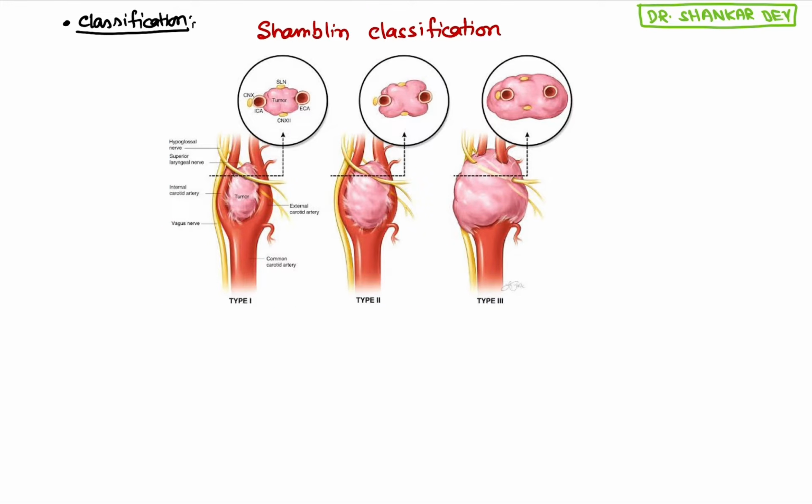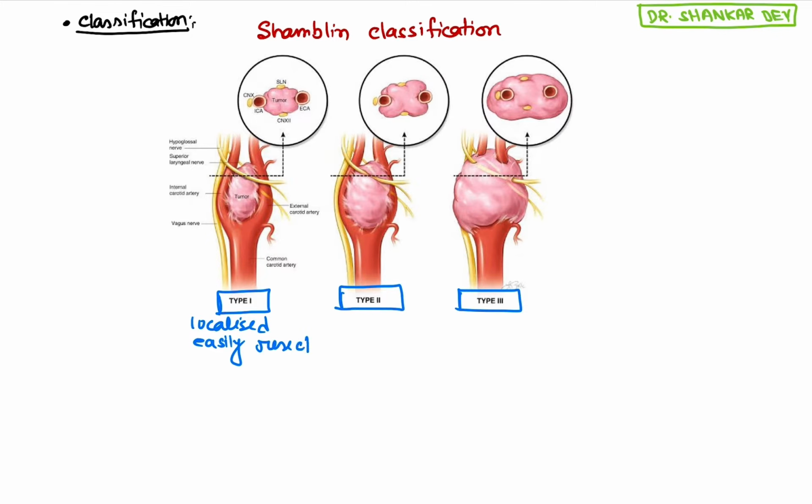First one is type 1. As you can see, this is type 1 tumor, this is type 2 tumor, and this is type 3 carotid body tumor. Type 1 carotid body tumor is localized and easily resectable, and it is not adherent.